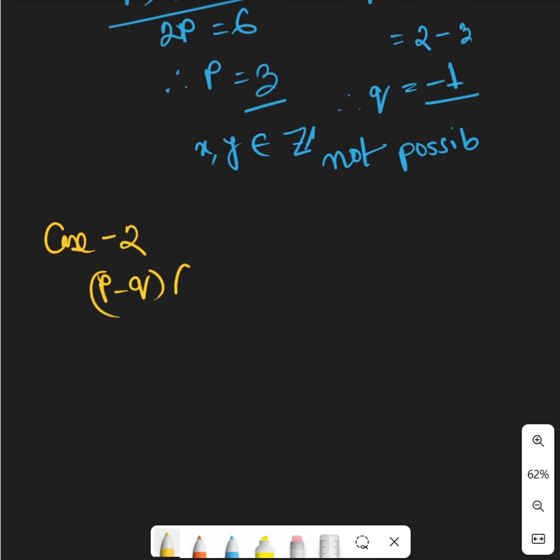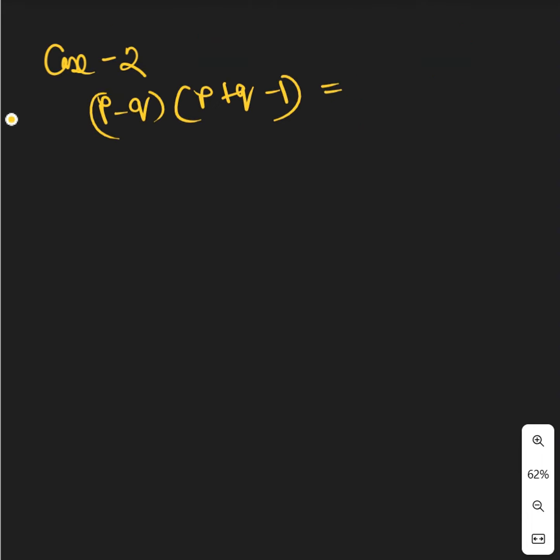Case number 2. So here P minus Q times P plus Q minus 1 is equal to, now we have to write here 1 times 4, right? It means P minus Q is equal to 1 and here P plus Q minus 1 is equal to 4.